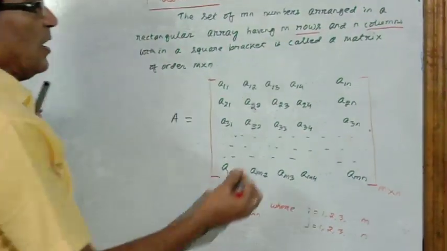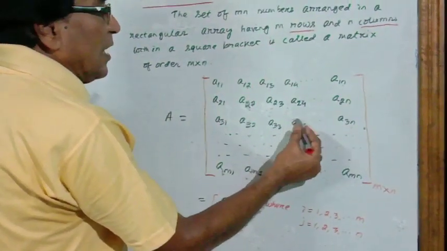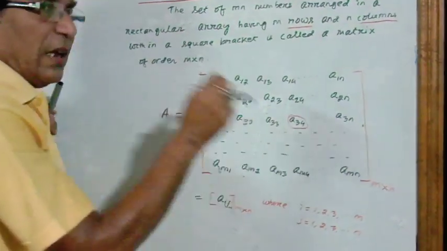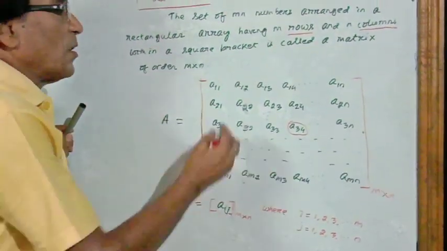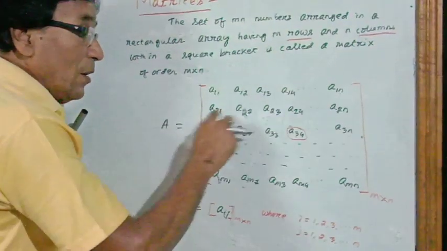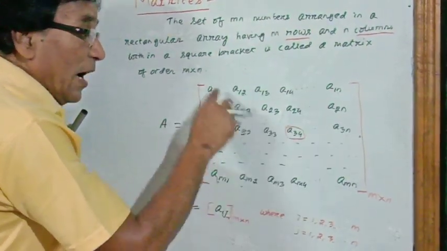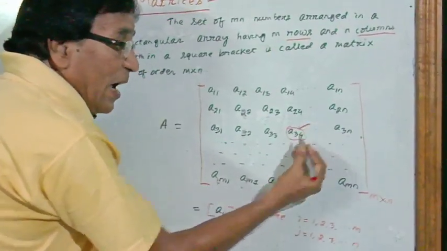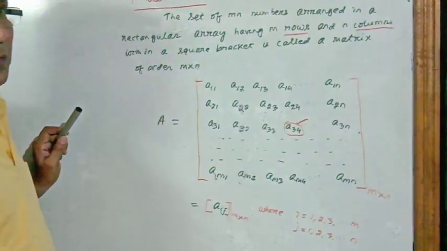That means if you take a34, I will say that a34 is an element which belongs to the third row and fourth column. 1, 2, 3, third row, and which column? Fourth column. So that's why it is named a34.